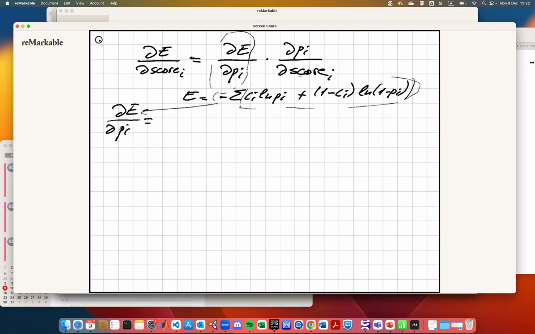So we get d of minus. Now if we spell out this sum, it's C1 ln P1 plus 1 minus C1 ln 1 minus P1, and then we have all the intermediate steps, ci ln pi plus 1 minus ci ln 1 minus pi.